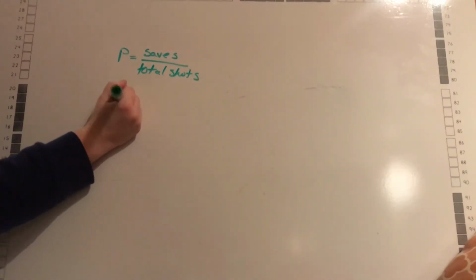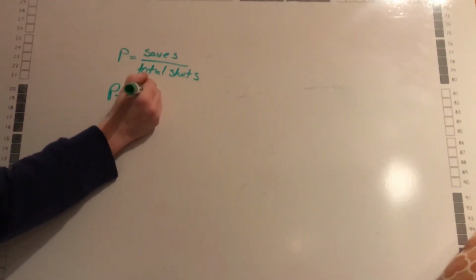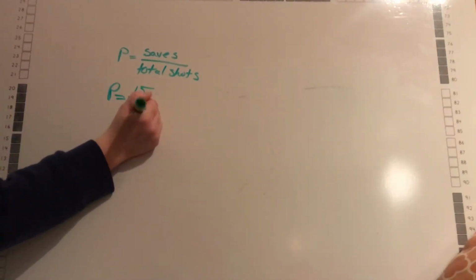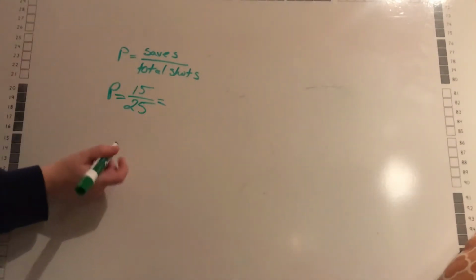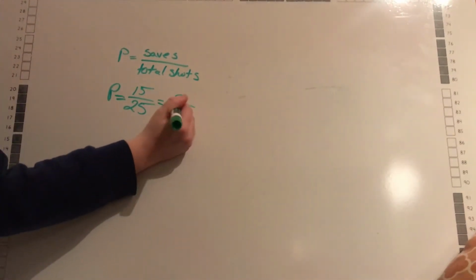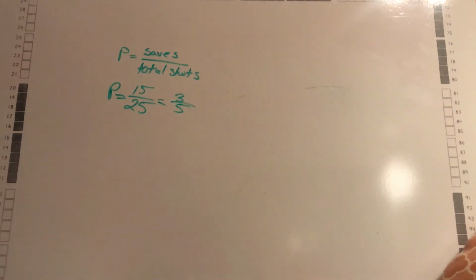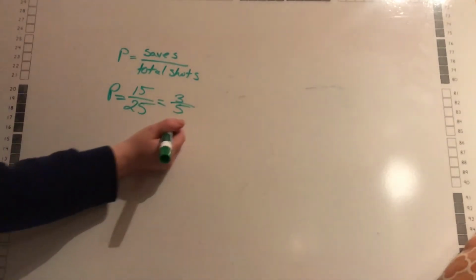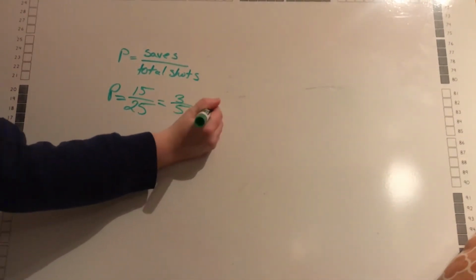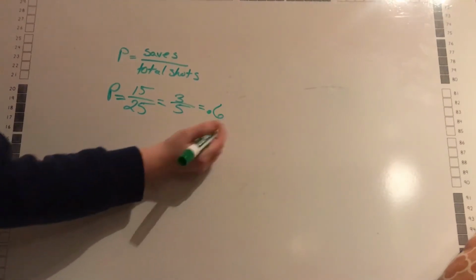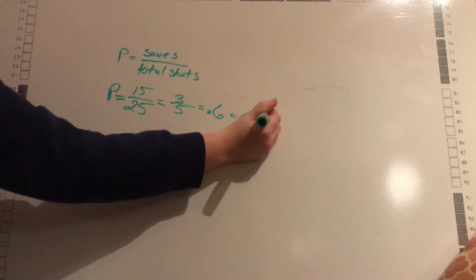So P equals 15 over 25, which we can simplify. 5 goes into both of these, 3 and 5 times. And then to put that into decimal form, that's going to equal 0.6, and we know that that's going to equal 60%.